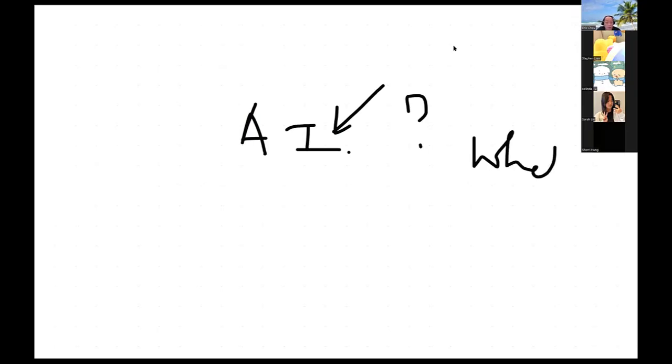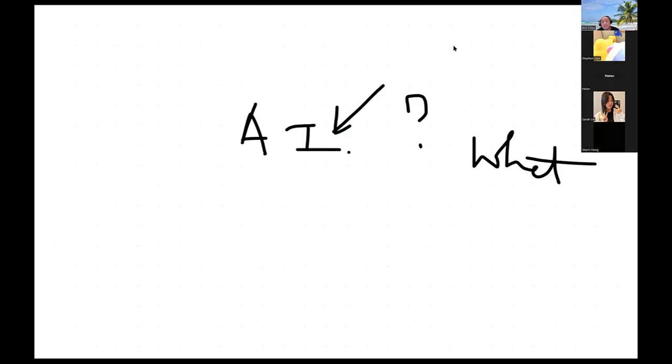Next one is artificial intelligence. So artificial intelligence is what? Based on whatever we have talked about so far, which word can represent artificial intelligence the best? Helen, artificial intelligence is what?